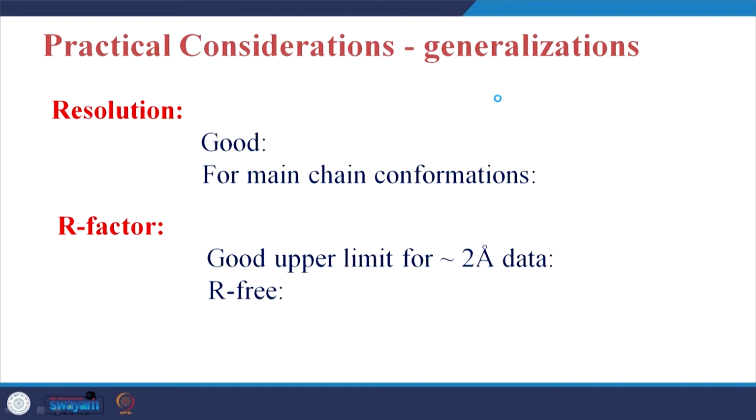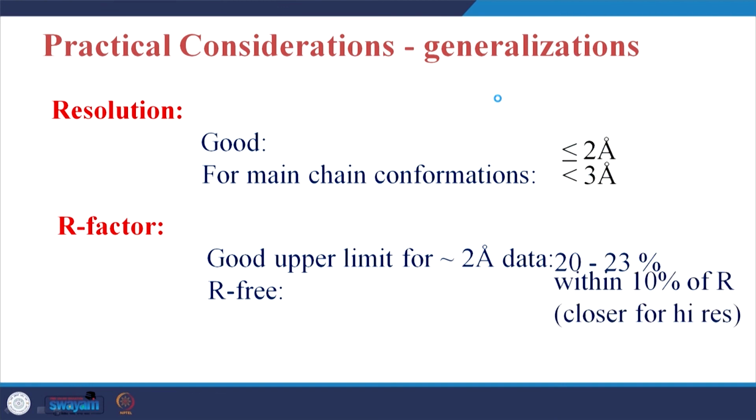Now, practical considerations: for resolution, less than or equal to 2 angstrom, and for main chain conformation, less than 3 angstrom. For the R factor, a good upper limit for 2 angstrom data is 20 to 23%, and R free should be within 10% of the R work, and closer for high resolution data.